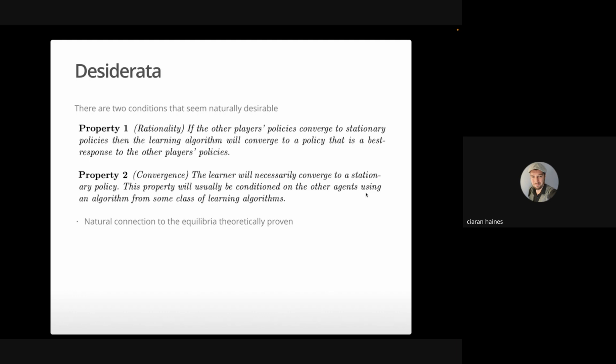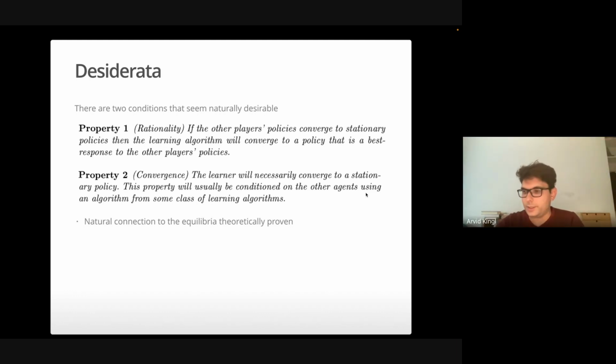Yeah, I think number one is if there is a policy to be learned, you'd be learning the best version of the policy. I think the second one is almost like if you have a number of agents and each of them uses this particular algorithm, then you should converge, which is a slightly different way of saying it. Because rationality means that if one agent moves away from their optimum choices by whatever reason, you want to capitalize on that.